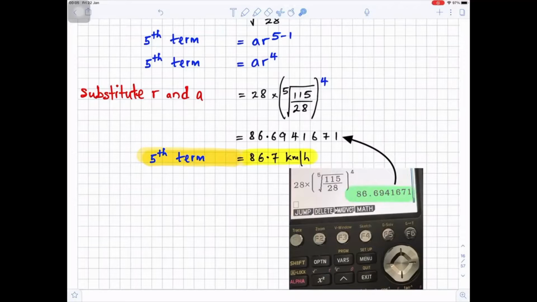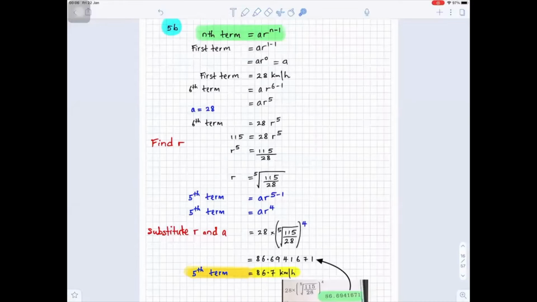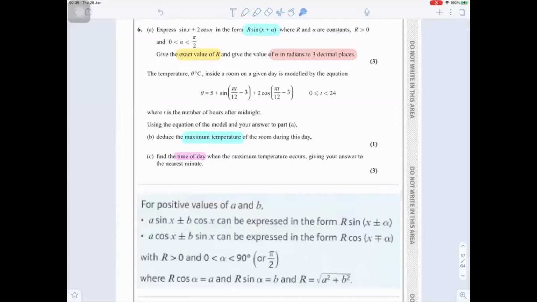And to round it to one decimal place, you put a line after the 6, and the 9 is bigger than 5. You add it to 6, it becomes 86.7. So that's your complete answer for question 5A, 62.8 kilometers per hour, and your answer for question 5B, 86.7 kilometers per hour.